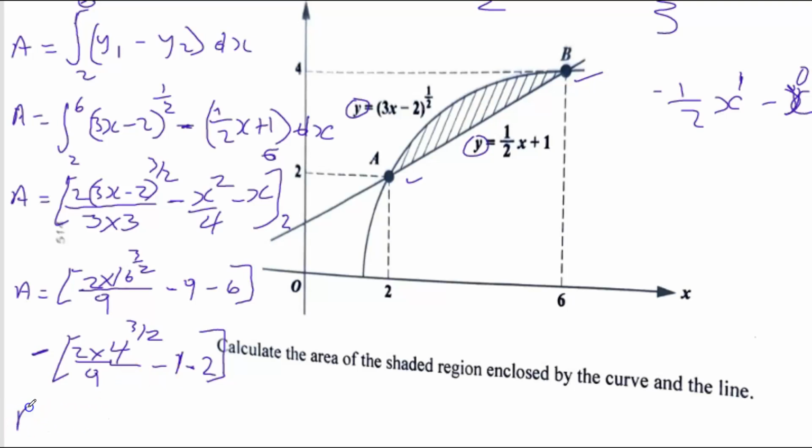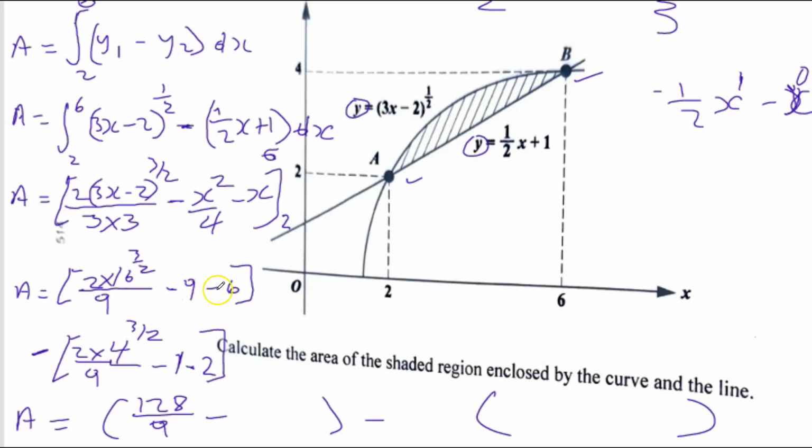So again, let's work with the first bracket. We have 16 raised to the power of 3 over 2. You can use a calculator, or you could take the square root of 16, which is 4, and 4 cubed is 64. Multiply that by 2, that's 128 over 9.